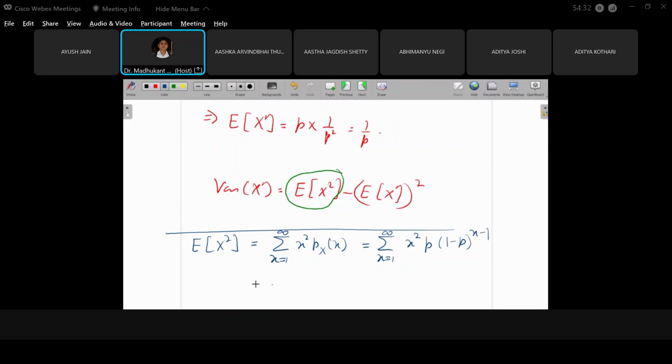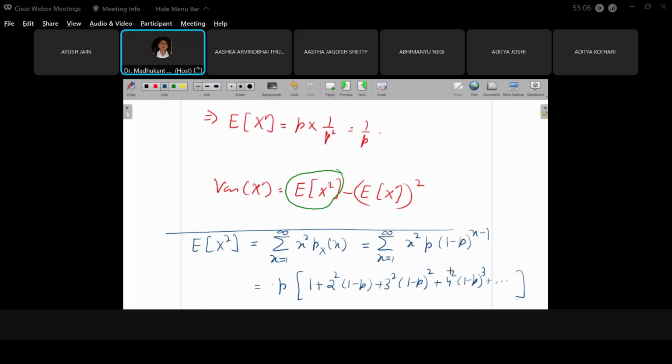Now p is out, and what you have is 1 plus 2 square (1 minus p) plus 3 square (1 minus p) square plus 4 square (1 minus p) cube, and so on.